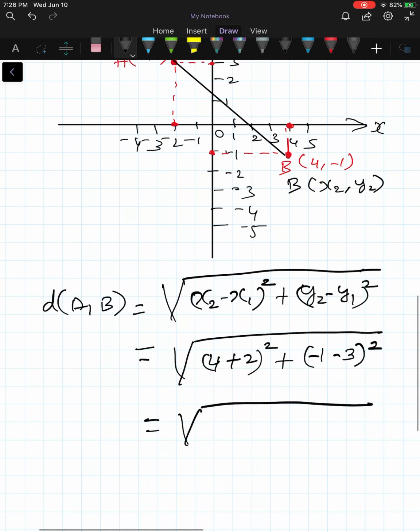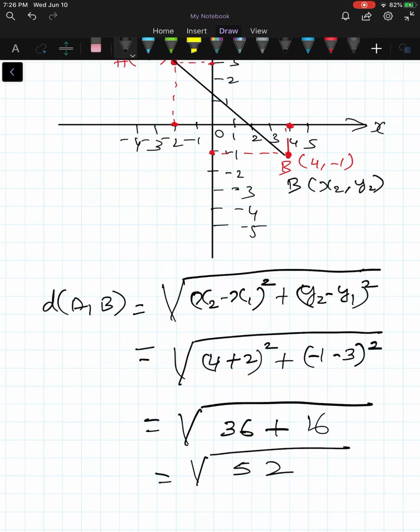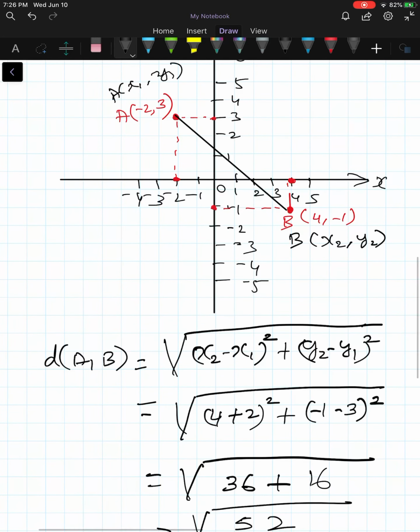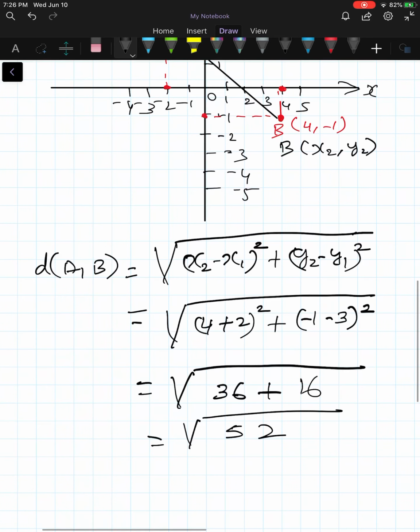So this would reduce to square root of 6 square, that is 36, plus -4 the whole square, that is 16. So this would give us square root of 52. This is the distance between A and B for the given points above.